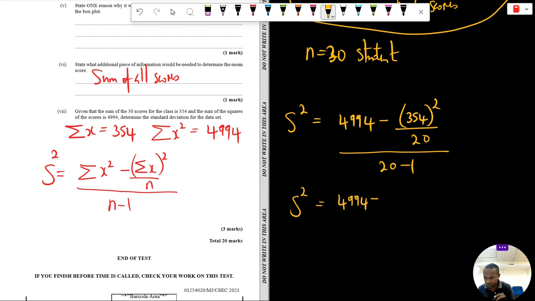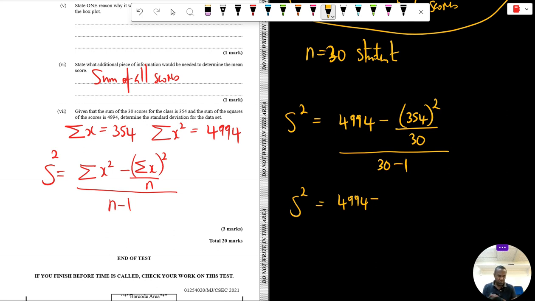Let's see, 354 squared divided by 30. All right, so n is equal to 30, not 20. That explains why I was getting something negative. So this should be divided by 30, and this would be 30 minus 1. Let's check this again.